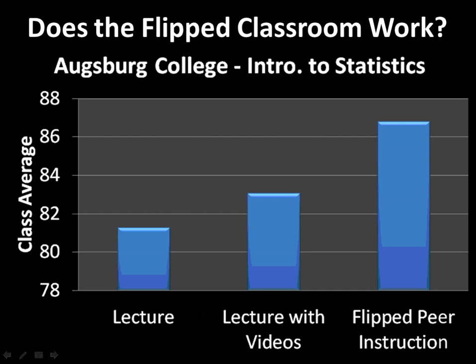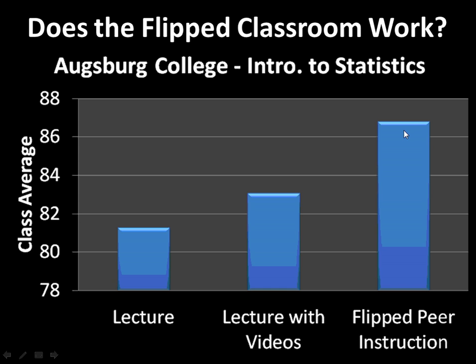I also happen to teach introductory statistics at Augsburg College to some adult students, typically in their 40s, who are working full-time. And here we're comparing lecture on the far left to still lecture, but videos being online, and you can see that that helped.